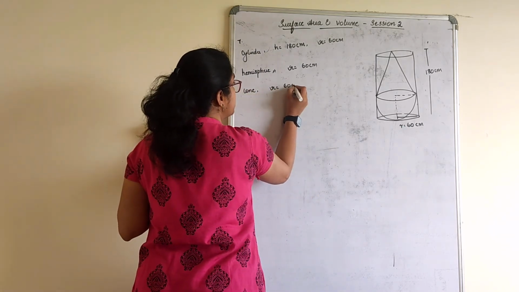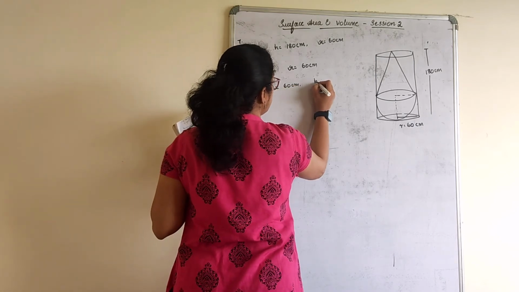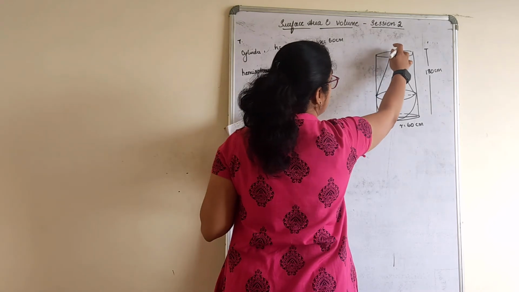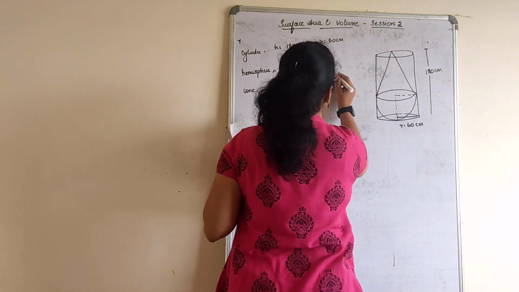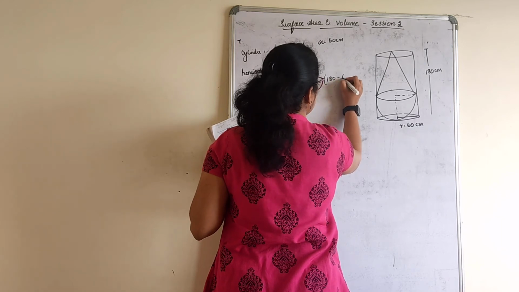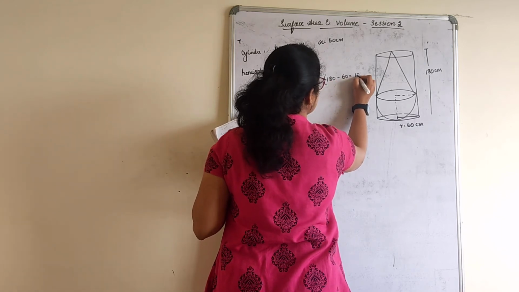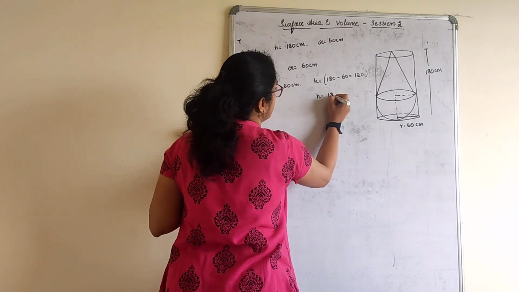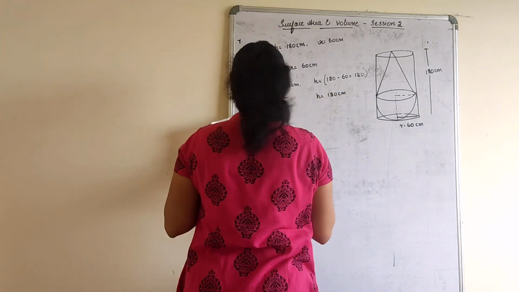That also should be 60 centimeter. Then what should be the height of the cone? This much part is taken by the hemisphere only. So, total height is 180 of the cylinder minus 60, that is equal to 120. So height of the cone is equal to 120 centimeter.